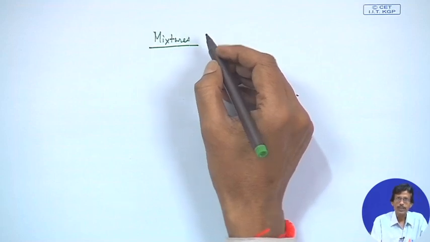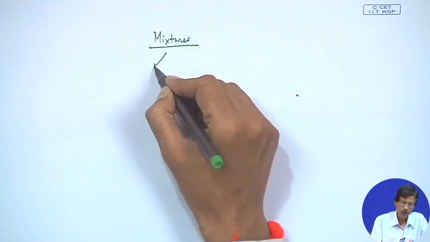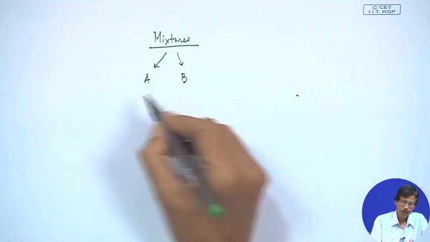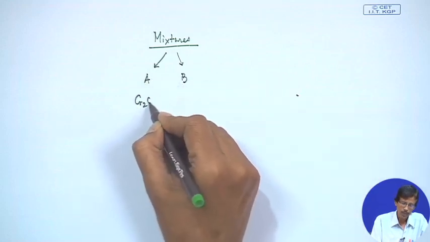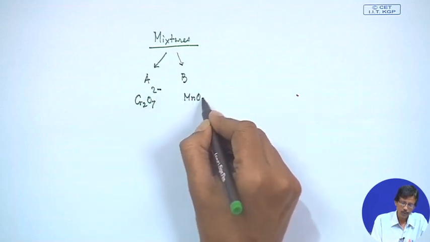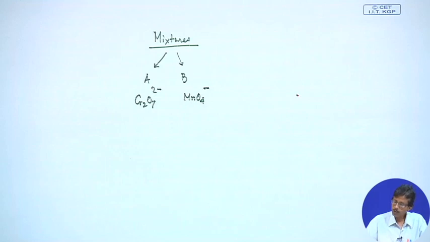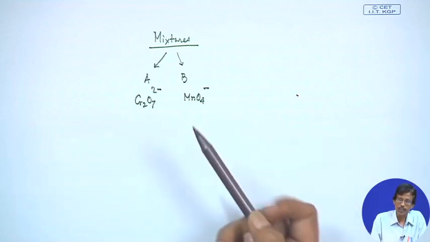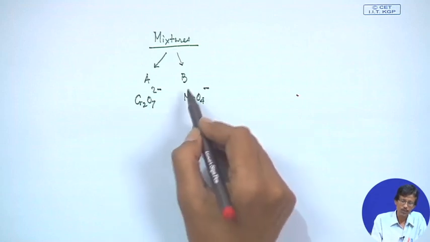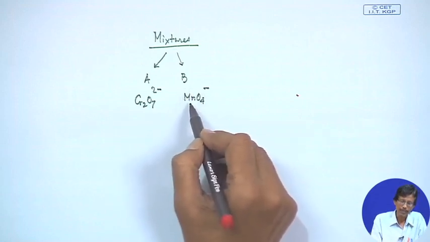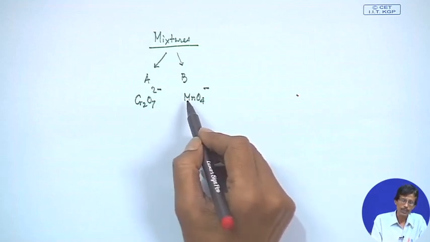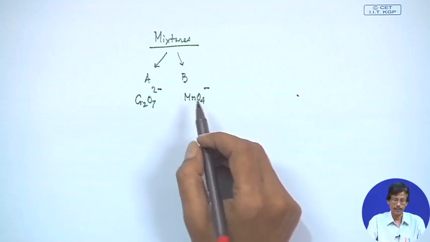So, how can we use mixtures for two components, component A and component B, where A can be Cr2O7 2 minus and B can be MnO4 2 minus, and both of them rely on charge transfer species, because in manganese, which has no d electron, the metal is the acceptor level and oxygen is the donor, giving rise to intense charge transfer transitions.